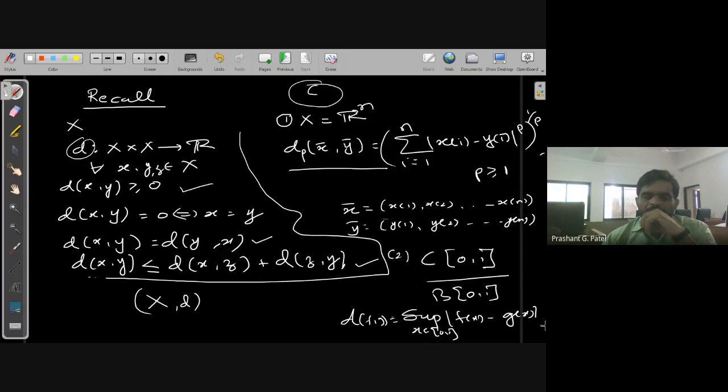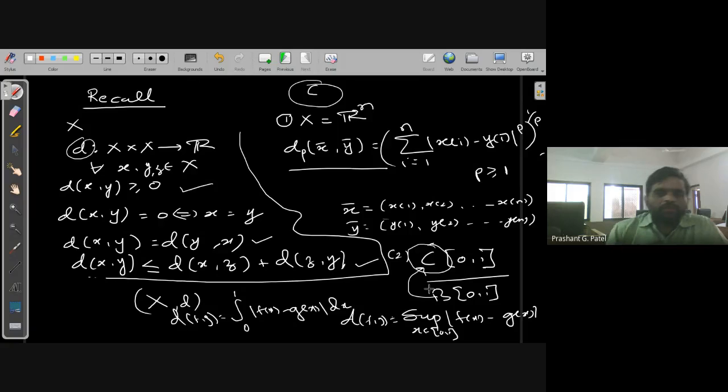The same metric is applicable for C[0,1] also. And on C[0,1] we have defined another metric, which is the integral from 0 to 1 of mod of f(x) minus g(x) dx, d of f, g equal to this.